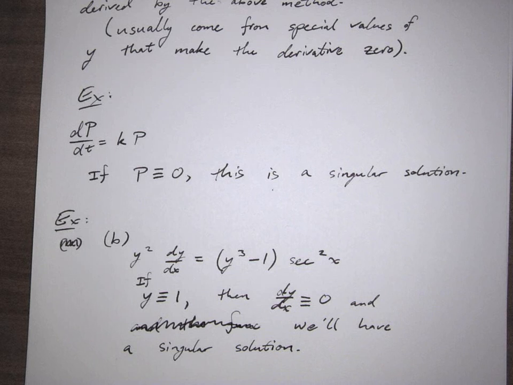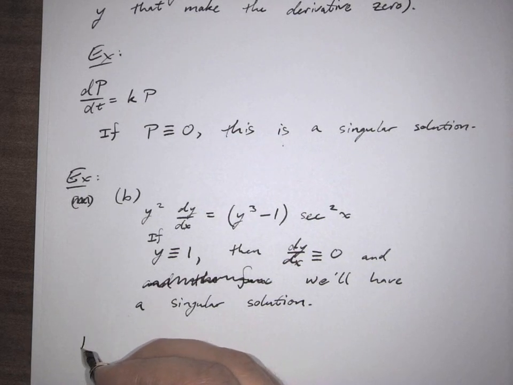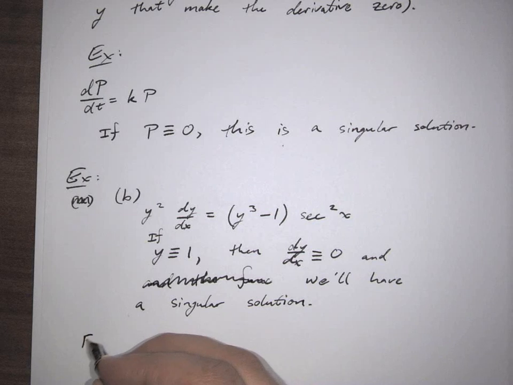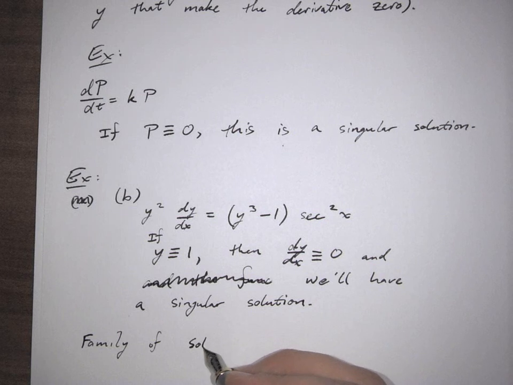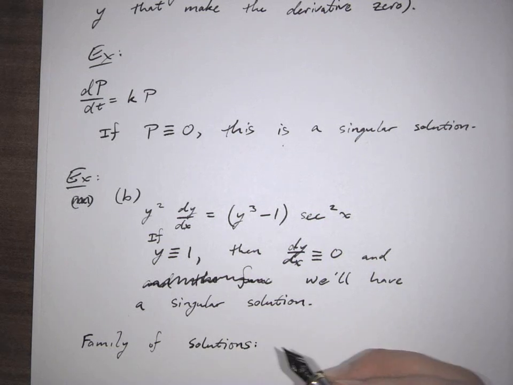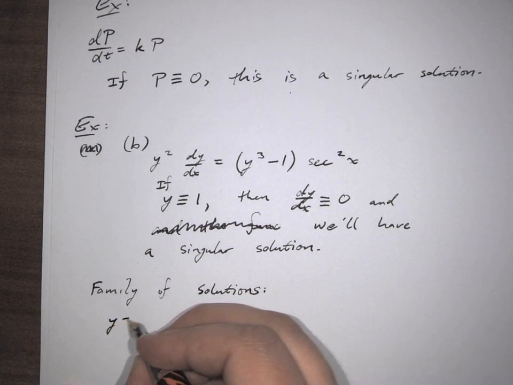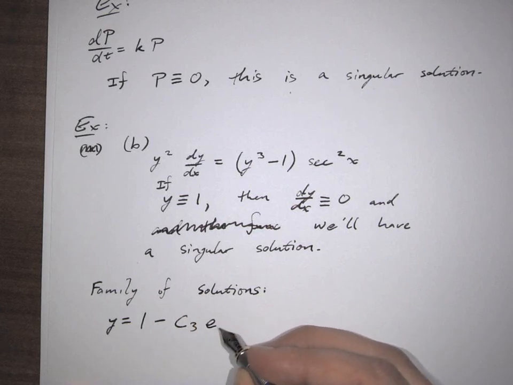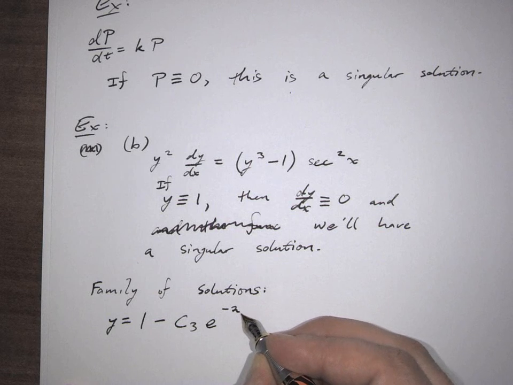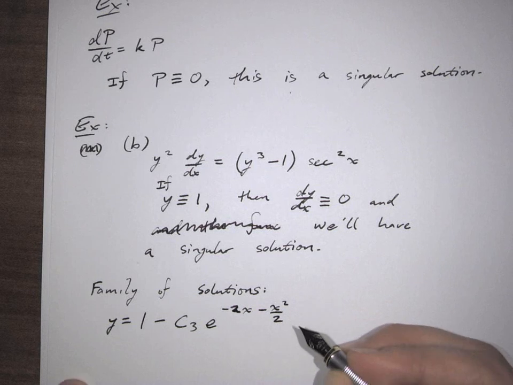So the usual family of solutions in this particular case had the form y equals 1 minus c3 e to the negative 2x minus x squared over 2.